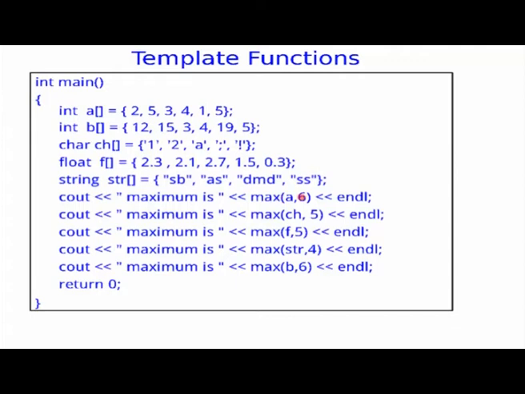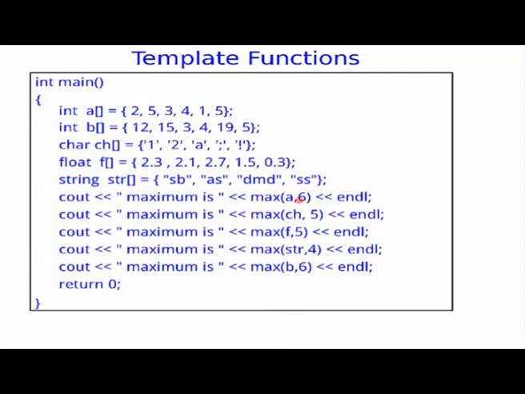Since the integer function does not match, the compiler uses the template and creates yet another concrete function, which will be char max, char array, char res, and then calls it. So you can see what is happening.